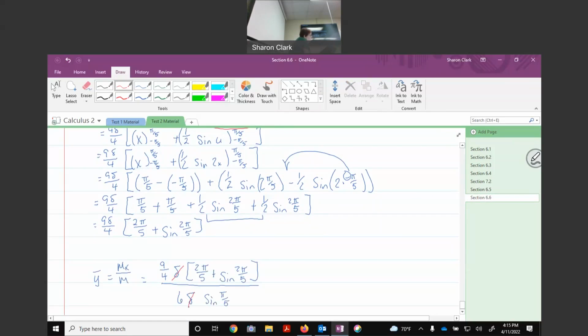The deltas cancel, and we get 0, comma, 9/4 times 2 pi over 5 plus sine 2 pi over 5, divided by 6 sine pi over 5. And that's the exact answer.